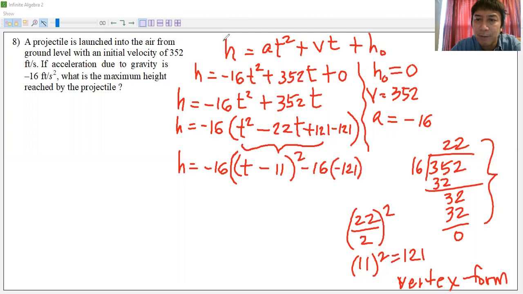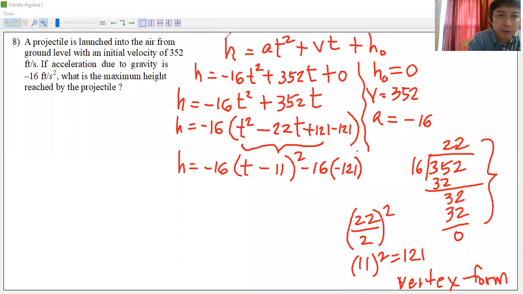We distributed the 16, so we can omit that larger parenthesis. So that will be the negative 16 multiplied by the binomial squared, and then the negative 16 will be multiplied by the negative 121. After multiplying the 16 and 121, that will be a positive value, and so we shall multiply that.